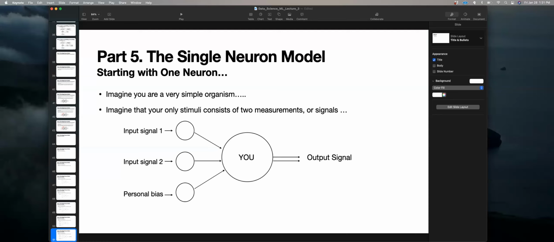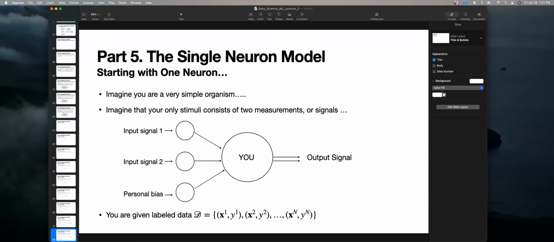So there's some output signal that's not generating, but telling us how to behave, right? So this is a kind of silly model, but it really does emphasize the point that as we take in these signals, it could be touch or vision or whatever, those signals are going to go into us and then make us act somehow, right?